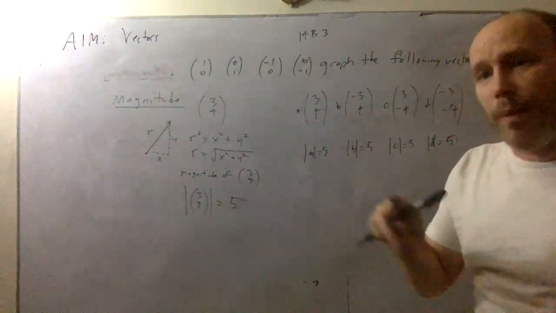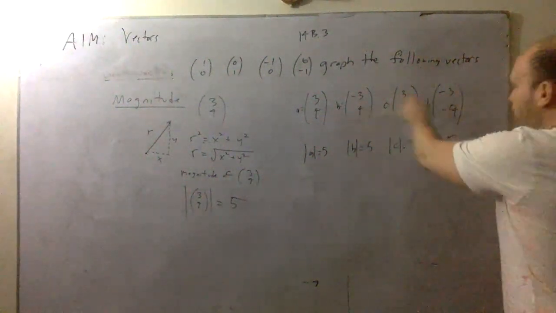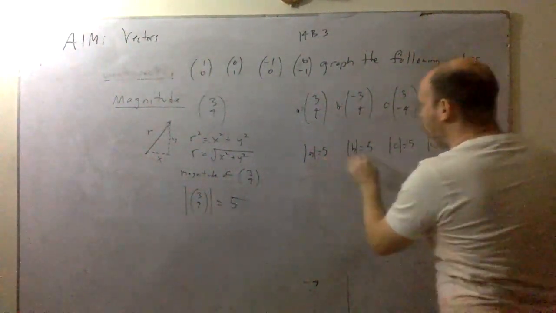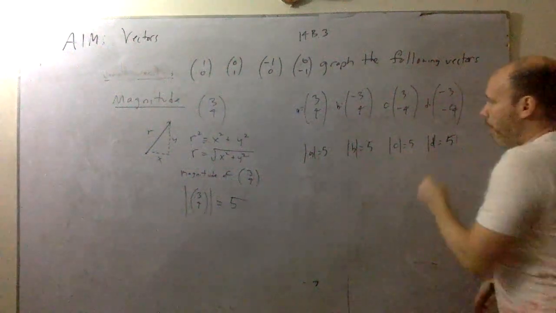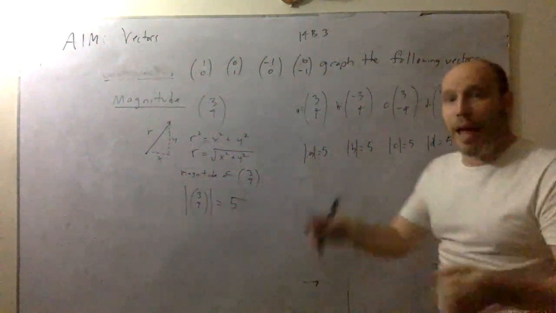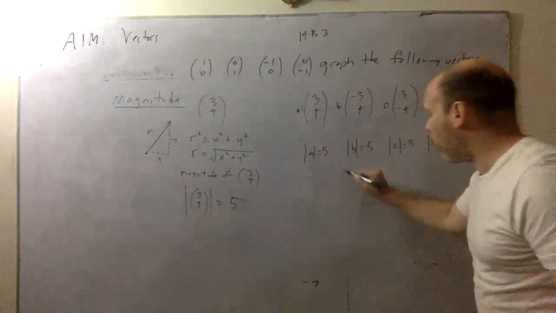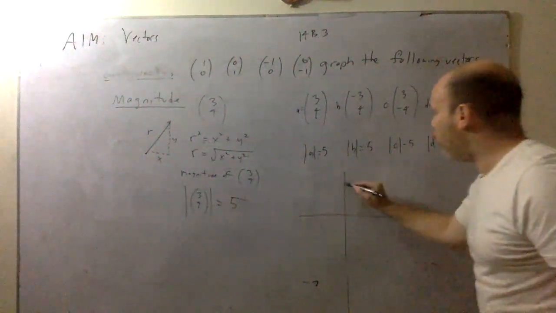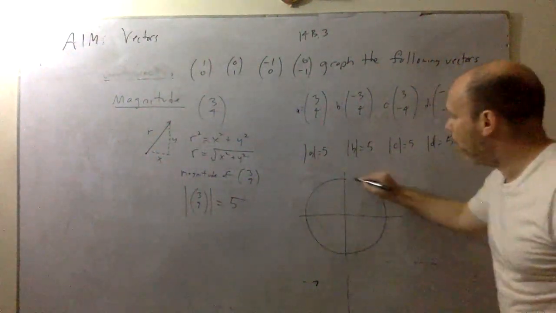But, and we'll talk about this a little later, they all have different directions, but they all have magnitudes of 5. And what we're moving towards, like trigonometry, is that we're on a circle whose radius is 5.